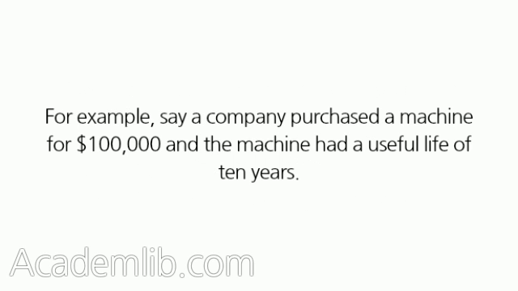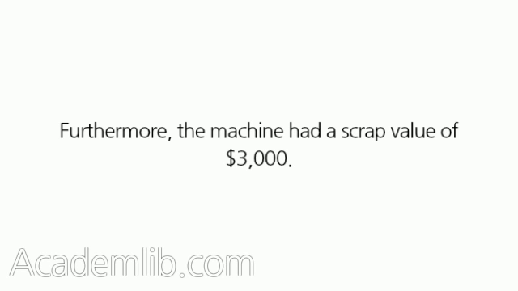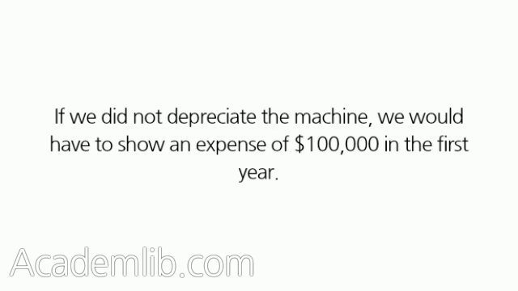For example, say a company purchased a machine for $100,000 and the machine had a useful life of 10 years. Furthermore, the machine had a scrap value of $3,000. If we did not depreciate the machine, we would have to show an expense of $100,000 in the first year.